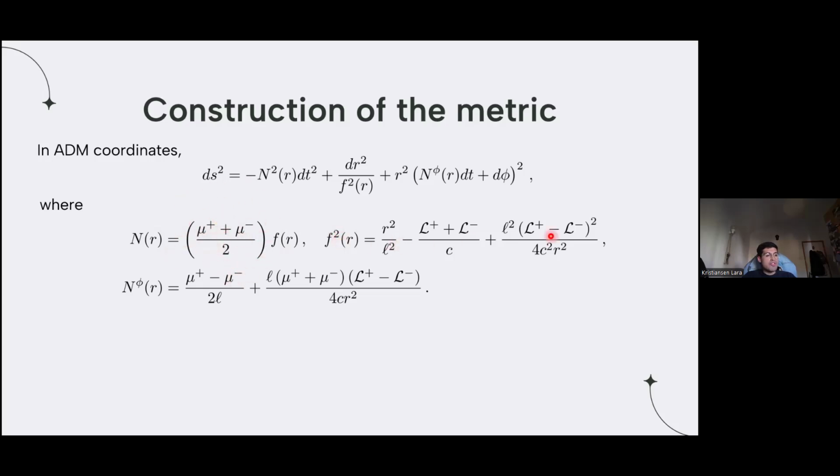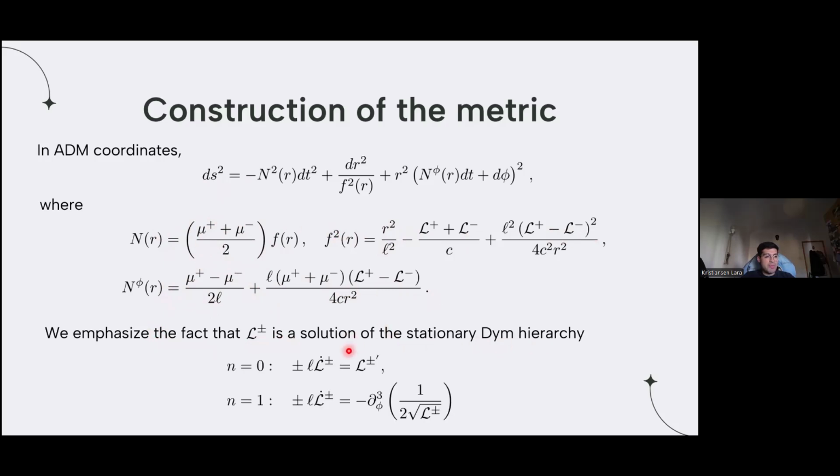And you have this function f, the metric function, and this shift function that you can see here. I would like to emphasize that for mu equals 1, you obtain the Bañados metric. So we emphasize the fact that L plus minus is a solution of the stationary Dim hierarchy.